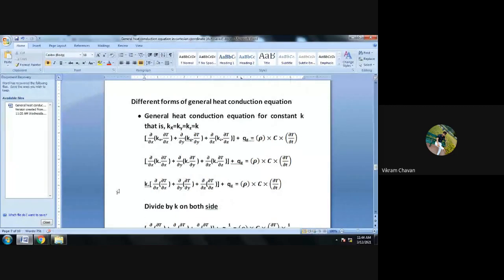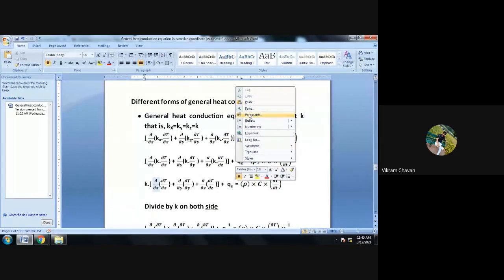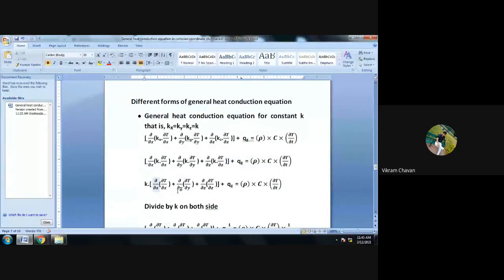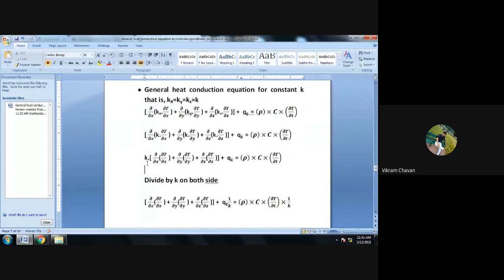So the next step is to divide by k on both sides.